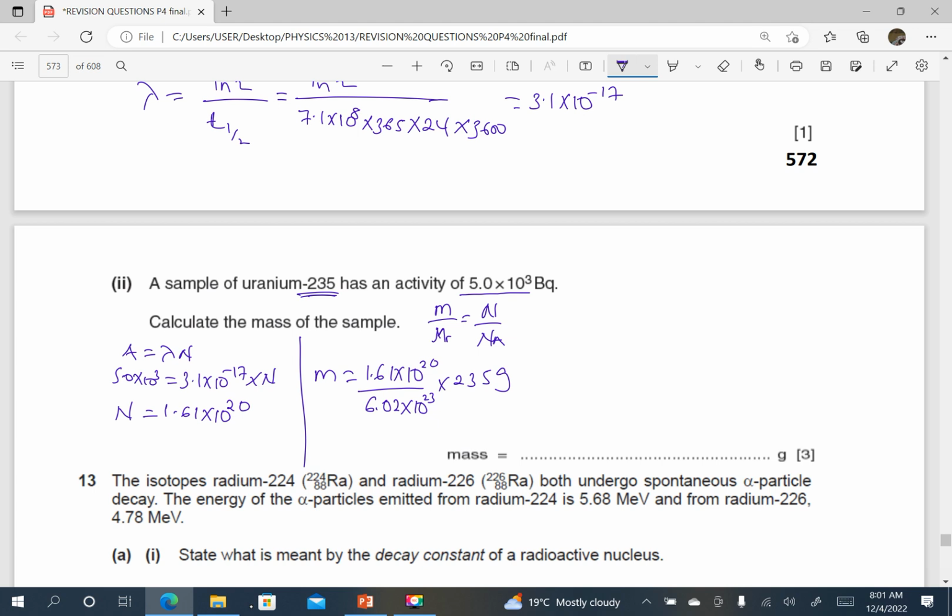So I have 1.61 times 10 power 20 divided by 6.02 times 10 power 23 times 235. So this is giving me 0.063 in grams.